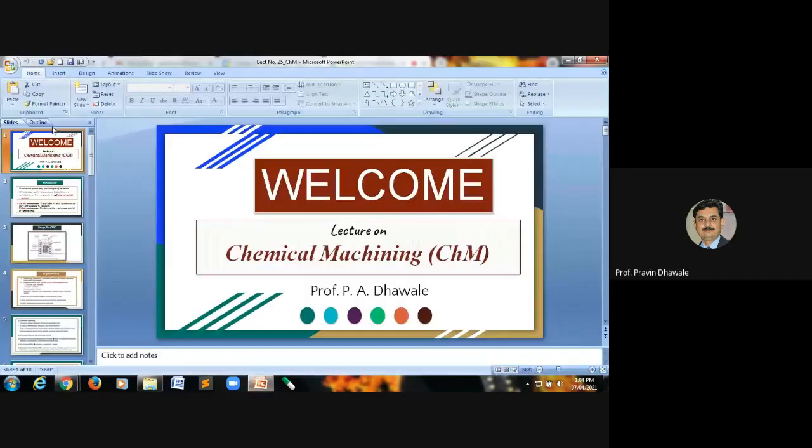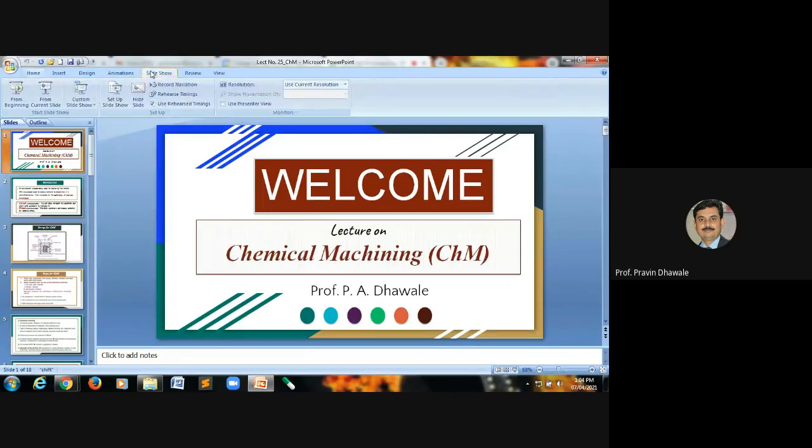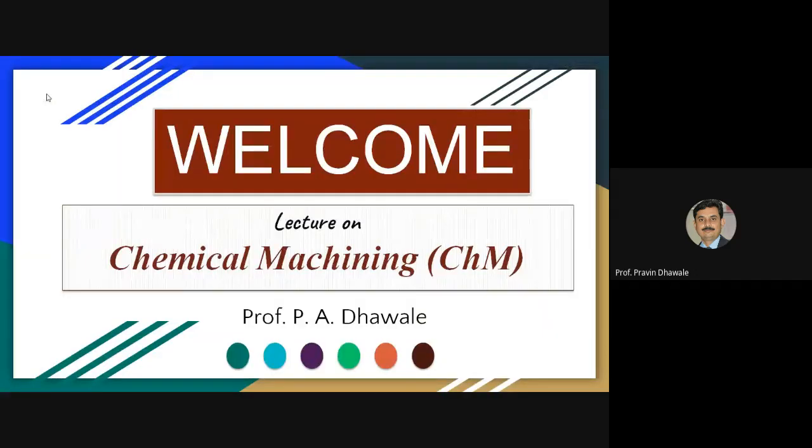Now in today's lecture, we are starting with a new point of this fourth chapter, that is chemical machining. Write down the name of the process, the chemical machining process.